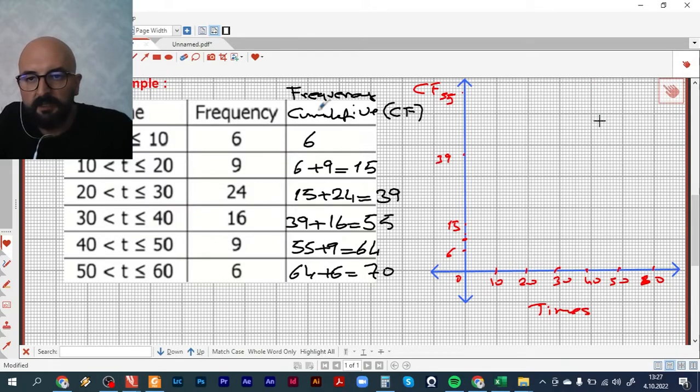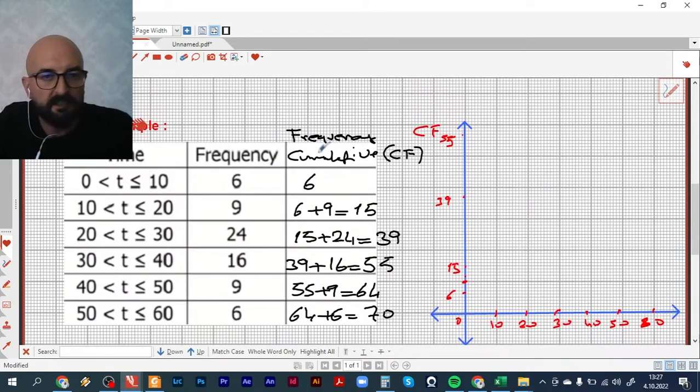Maybe if the y-axis is longer, it should be better, and 64 here, and 70, like this.